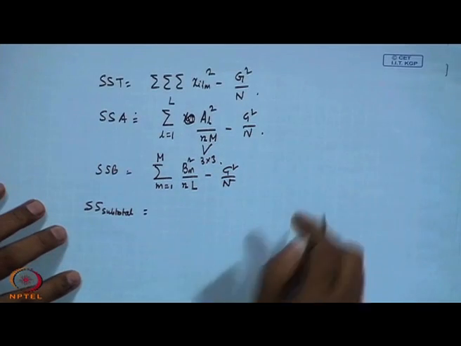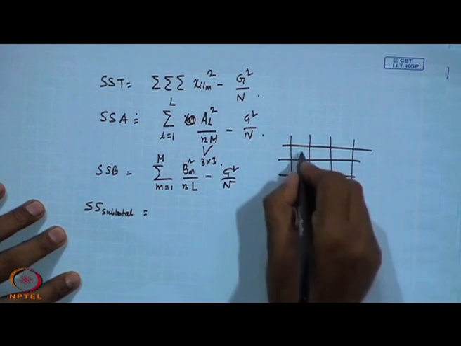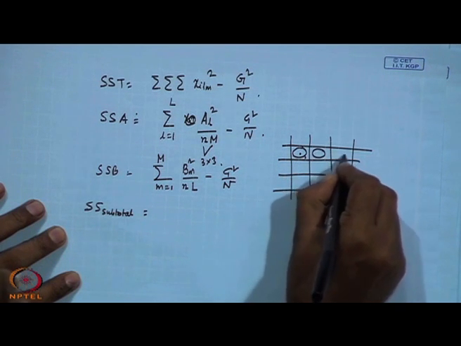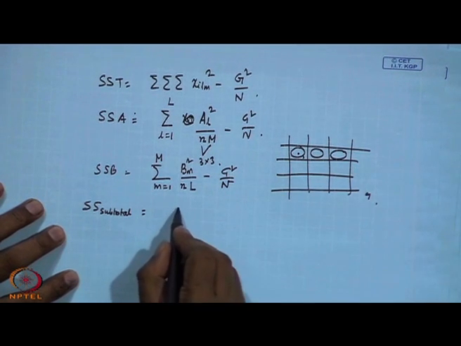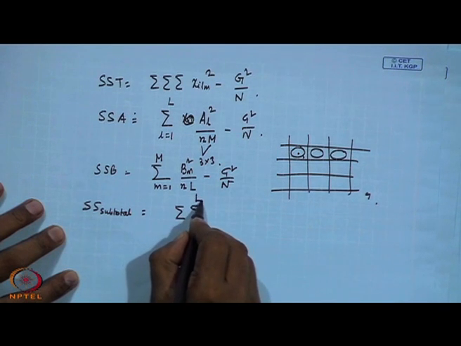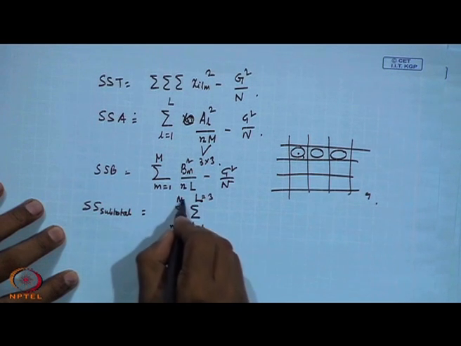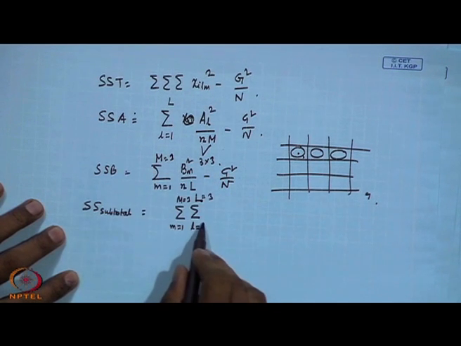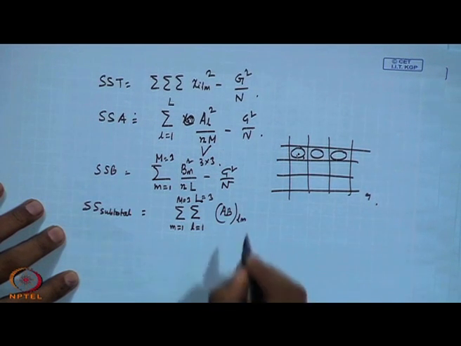I told you that it is 3 cross 3, so the sum of all values in each cell, these 9 values, will come from l equal to 1 to capital L and m equal to 1 to capital M, where capital L is 3 and capital M is 3. These sums we have given the name AB_lm.